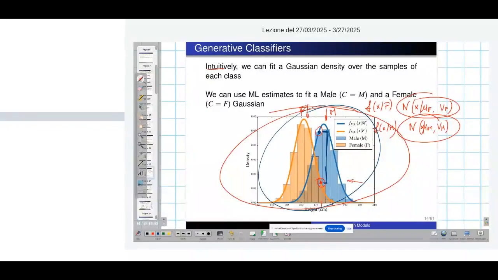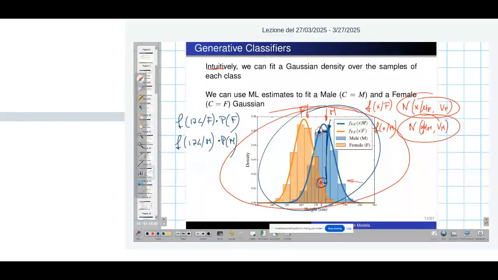How many females do I have that are 174? I have this quantity times the fraction of females in my population. How many males do I have that are 174? The probability that one is male and 174. So the prior probability scales these quantities.